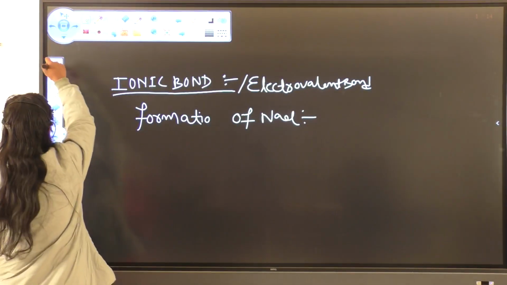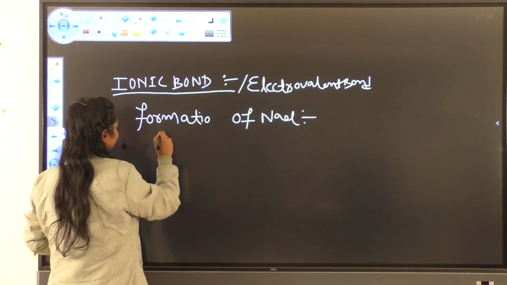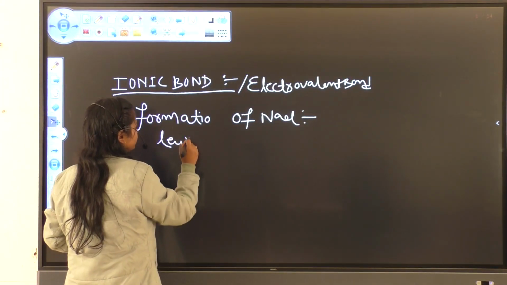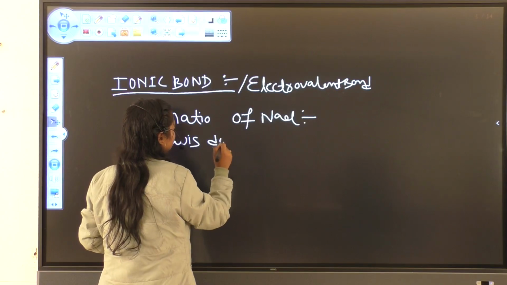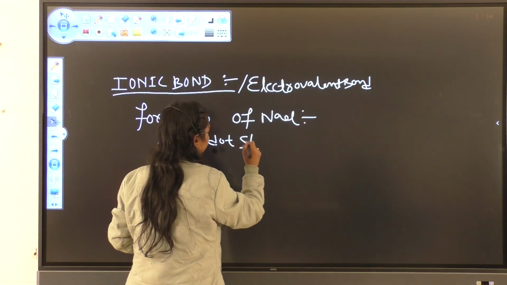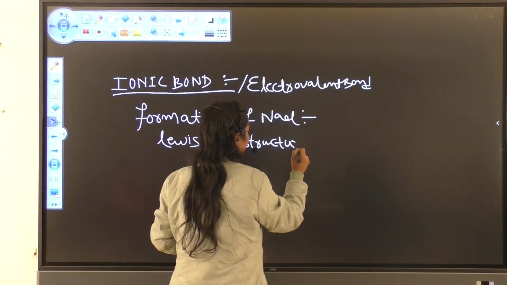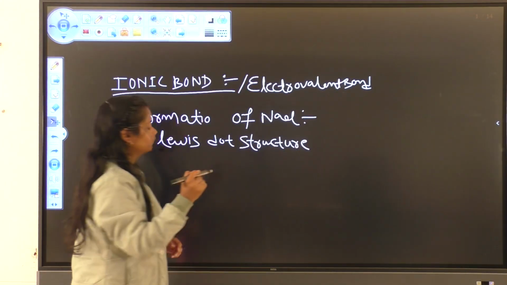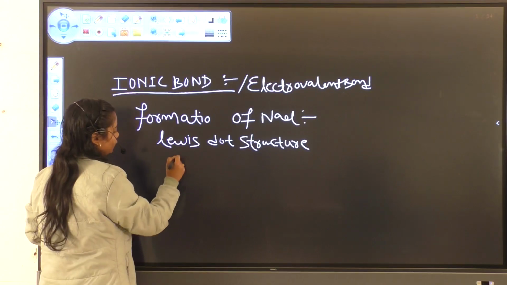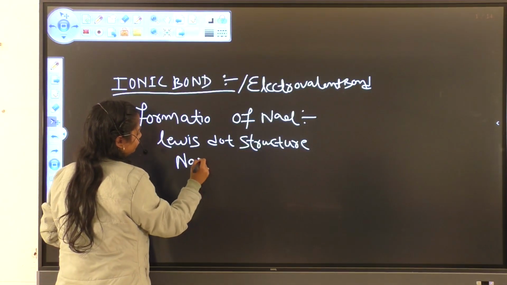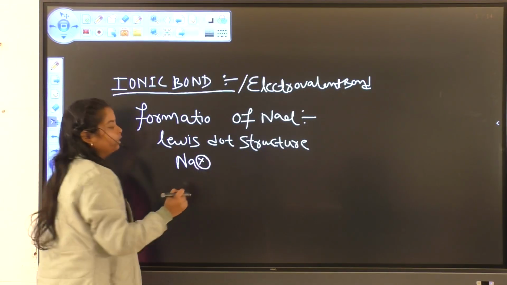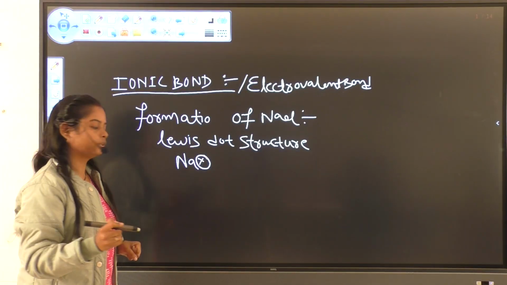We can explain this whole topic by using the Lewis dot structure. For sodium, as I told you, only one electron is a valence electron. I am denoting the valence electron by a cross for sodium.